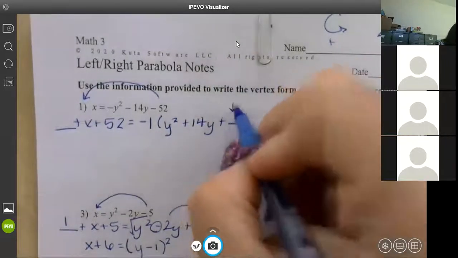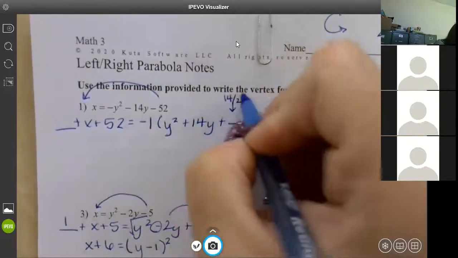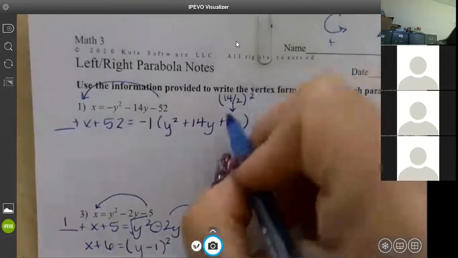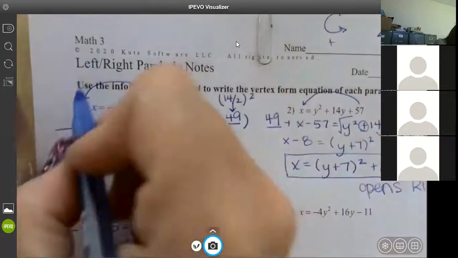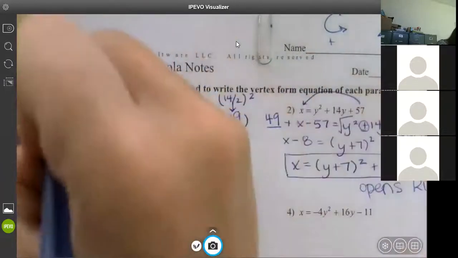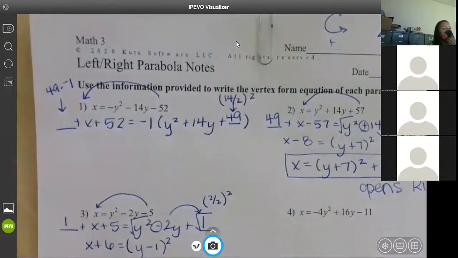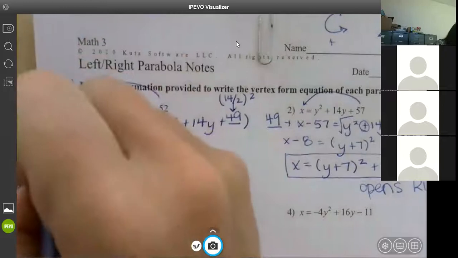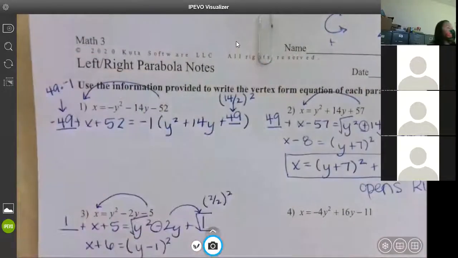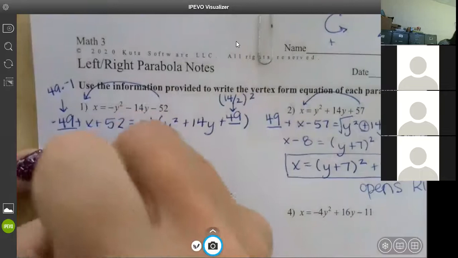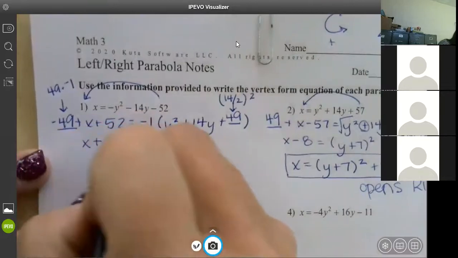To get this blank, we do 14 divided by 2 squared, 49. This blank is what I put in times what I took out, or what I took out times what I put in. So -1 times 49, which is -49. And again, it should minimize your number. It should be a big, huge number. -49 plus 52. 3.